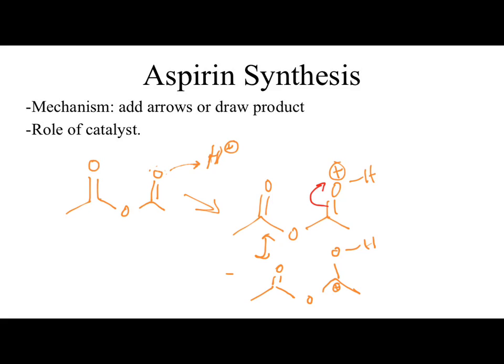So the acid catalyst works by protonating our electrophile, making the electrophile more electrophilic. The more electrophilic something becomes, or the more nucleophilic something becomes, the faster the reaction goes. Okay? Because we're making our starting materials more charged or more reactive. Make sense? Okay.